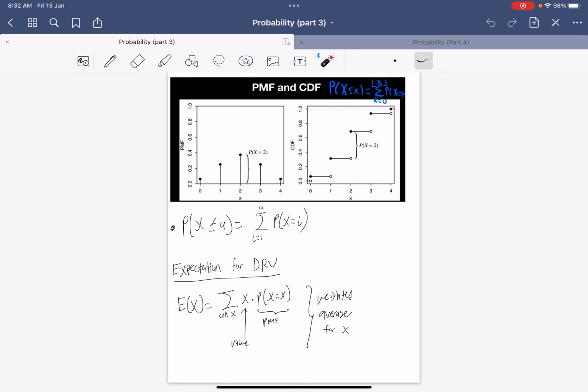So what's a weighted average, you may ask? Let's say you have a few numbers, 1, 2, 3. Then the average of these numbers is 1 plus 2 plus 3 divided by 3, which is 2. But let's say now that 1 has a very, very high chance of occurring. Let's say 0.9 probability. Then 2 has a 0.1 and 3 doesn't even occur.